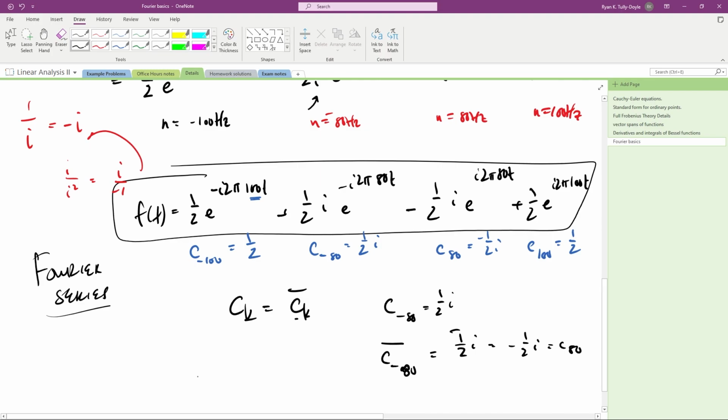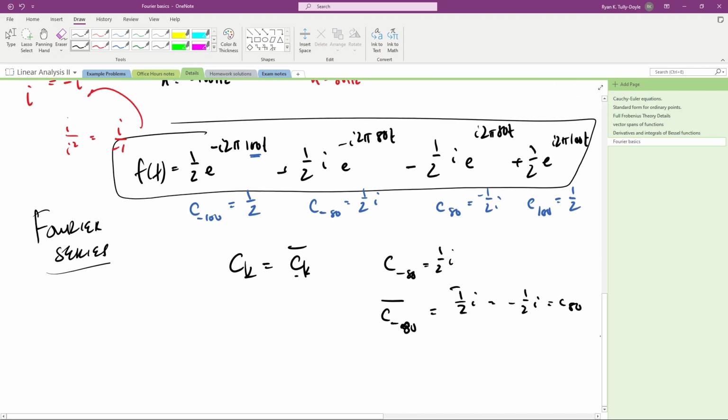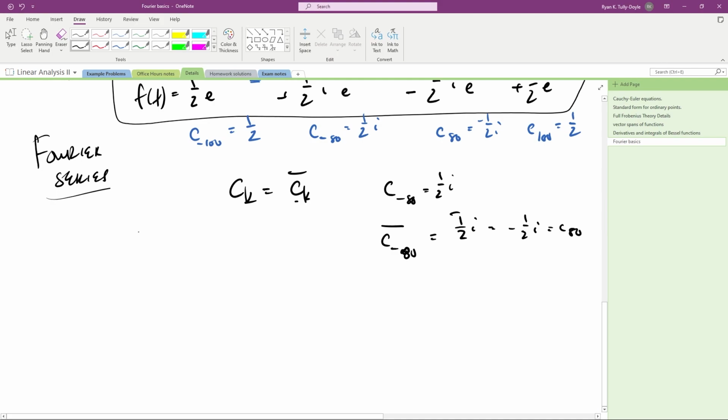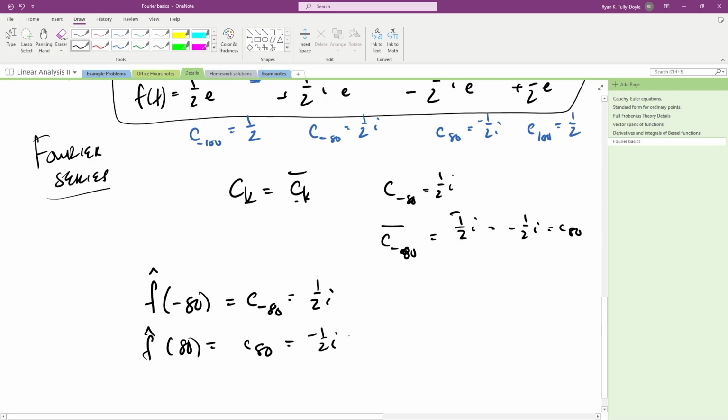Now we can say a little bit more, which is that we could write down the Fourier transform of f. Remember that the Fourier transform, f hat, is a function that takes in frequencies and spits out Fourier coefficients. So f hat of minus 80 is c minus 80, which is 1 over 2i. And f hat of 80 is equal to c80, which is minus 1/2 i.